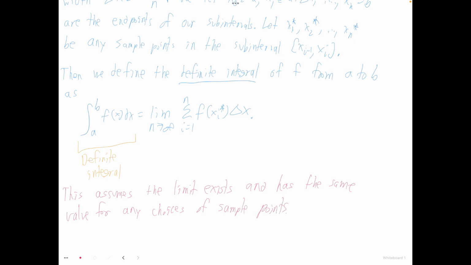We're going to see in a minute that that is not actually that strong of a condition for most functions we'll care about. But we do have to assume that the limit exists in this definition. Otherwise, we're defining something that doesn't exist, and that's a little weird.